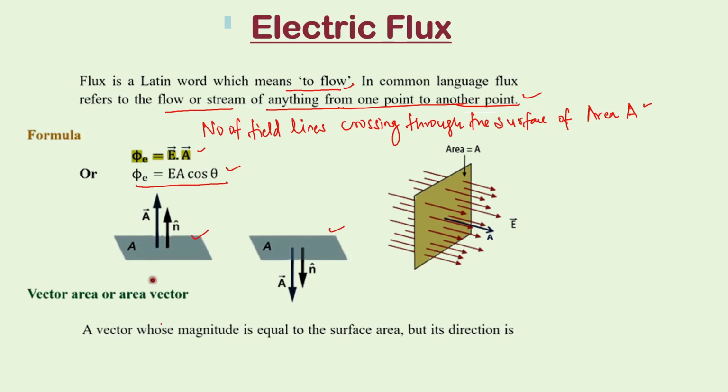And when we take area as a vector, its magnitude is equal to the surface area and its direction is normal to the surface.